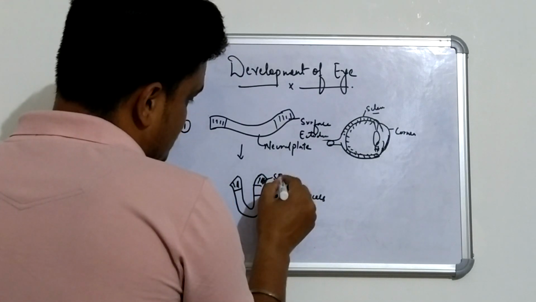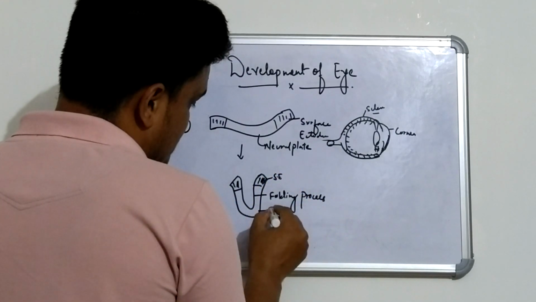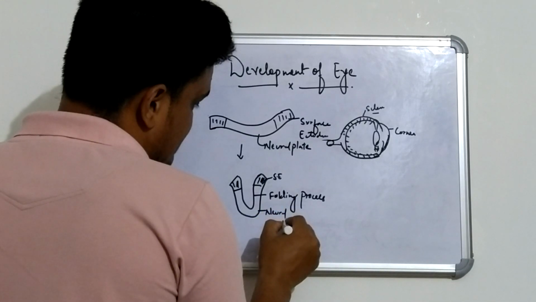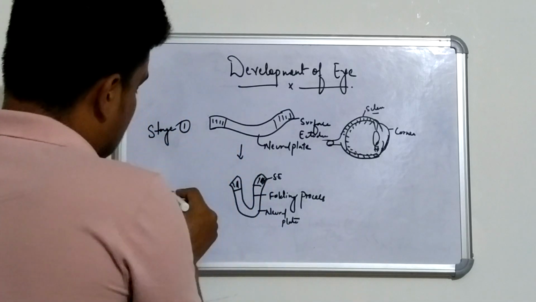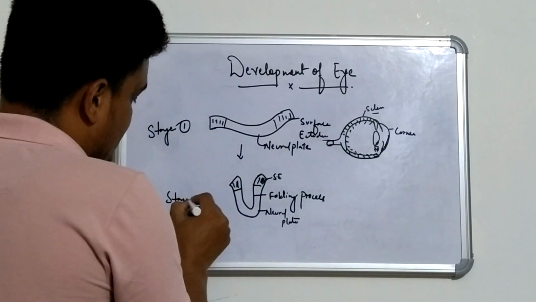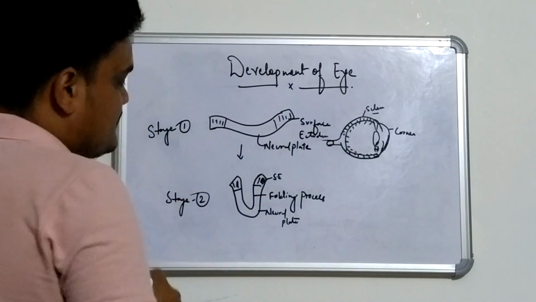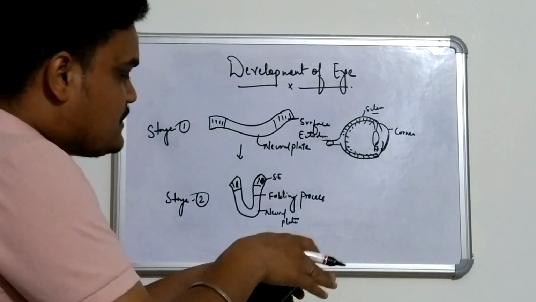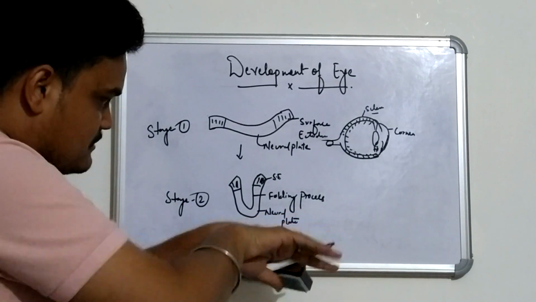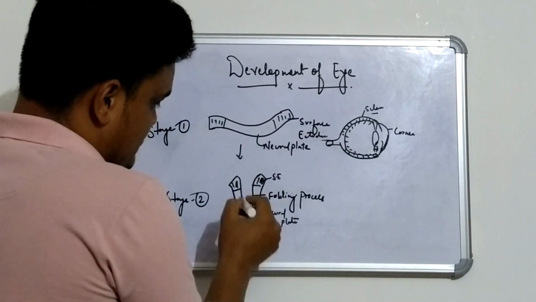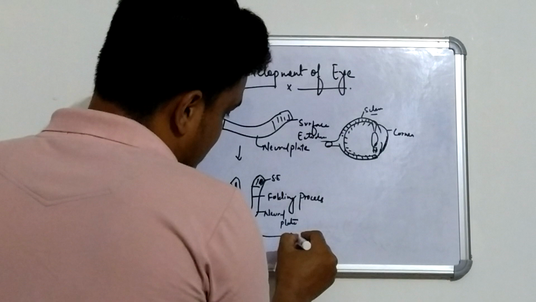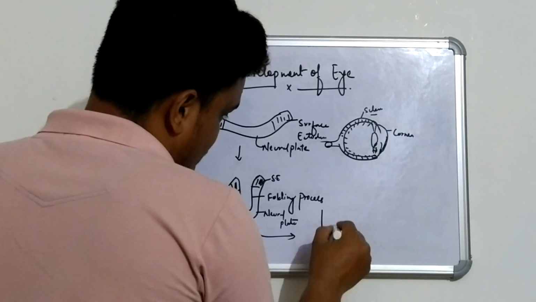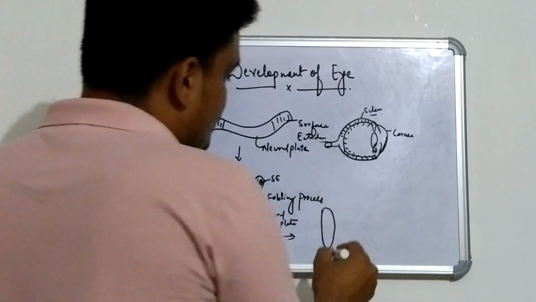This is the surface ectoderm and this is the neural plate. In stage 2 of the embryology, the neural plate will fold like this in the folding process, and it will make a groove. And the third stage is the formation of the neural tube.